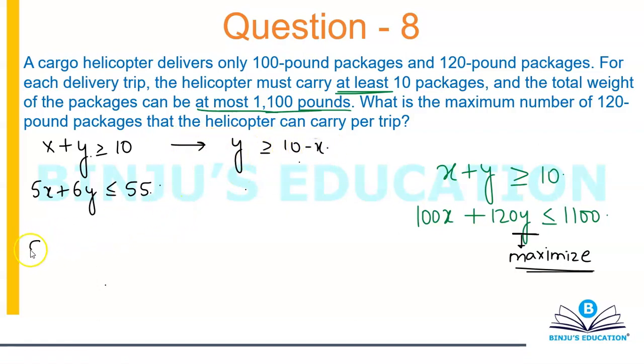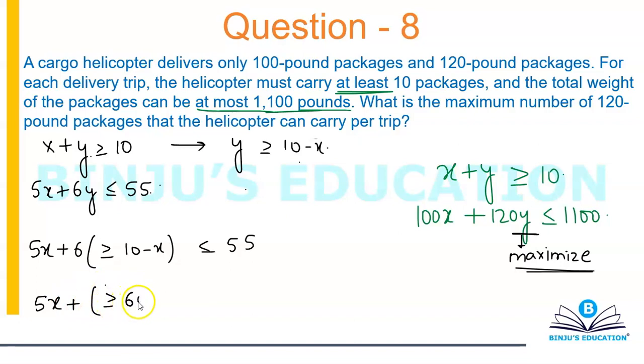But in the second equation, I'm going to get 5x plus 6 into y, and since y is greater than or equal to 10 minus x, 5x plus 6 into (10 minus x) is less than or equal to 55. 5x plus 60 minus 6x is less than or equal to 55.